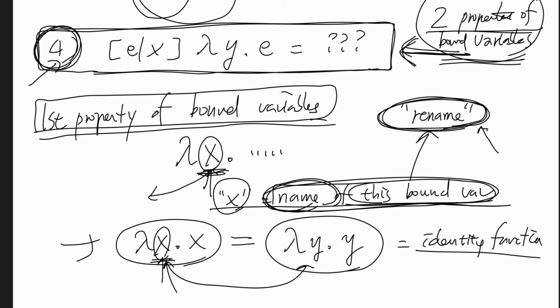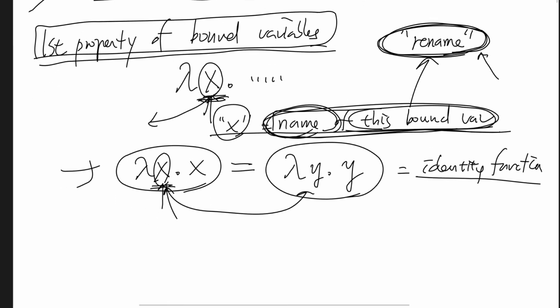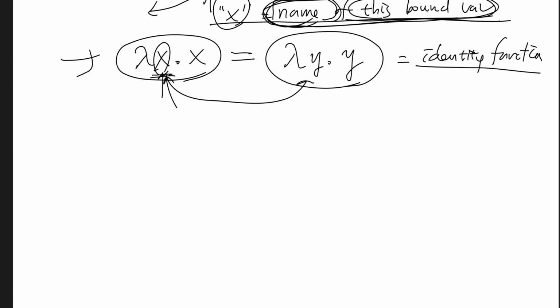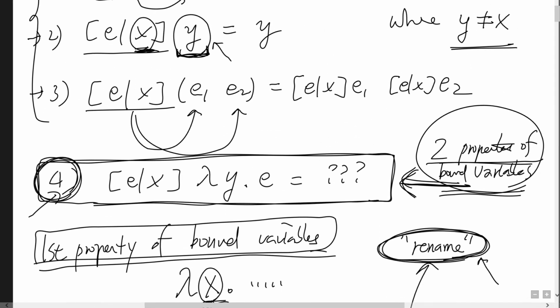So now suppose that we are going to deal with this case where the expression in this position is a certain form of lambda abstraction.